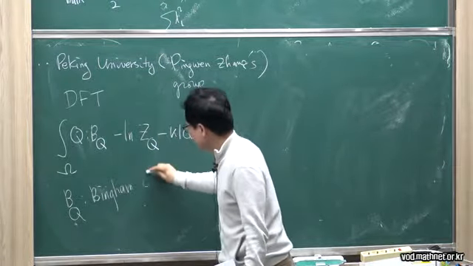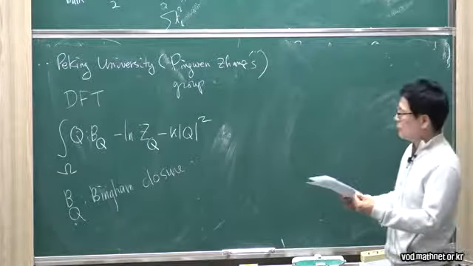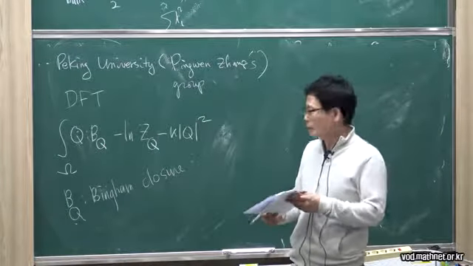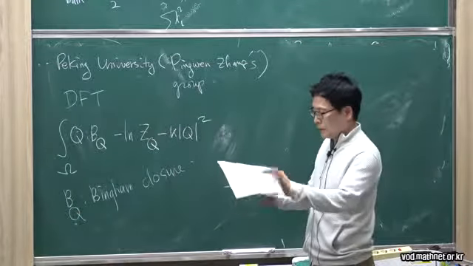In Bingham closure, B looks like this. Whenever Q is given, you can find a 3x3 matrix B satisfying the following equations.